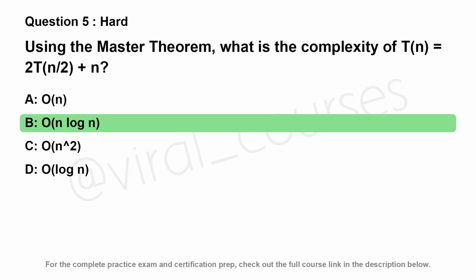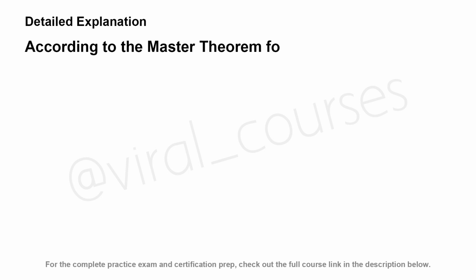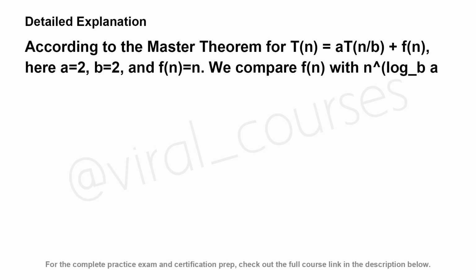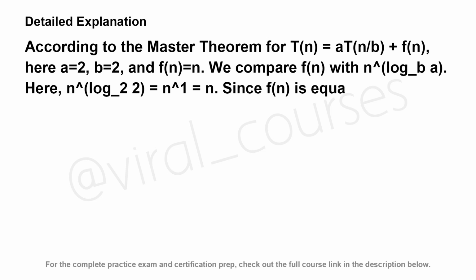The correct answer is B. According to the Master Theorem for T(n) equals aT(n/b) plus f(n), here a equals 2, b equals 2, and f(n) equals n. We compare f(n) with n^(log_b a). Here n^(log_2 2) equals n^1 equals n.